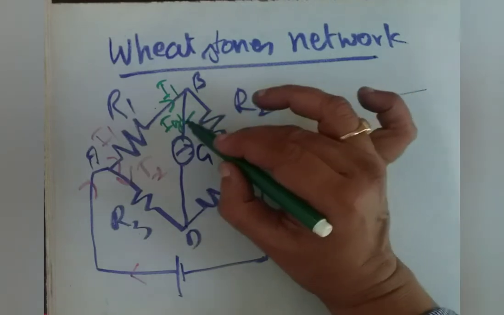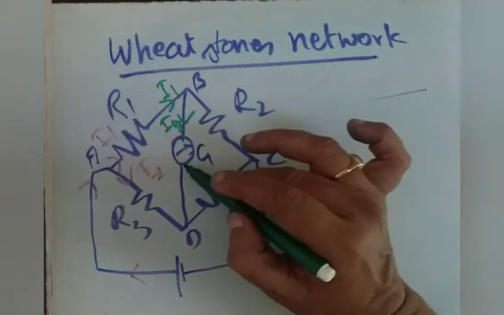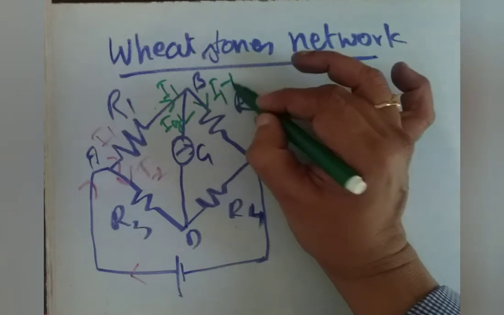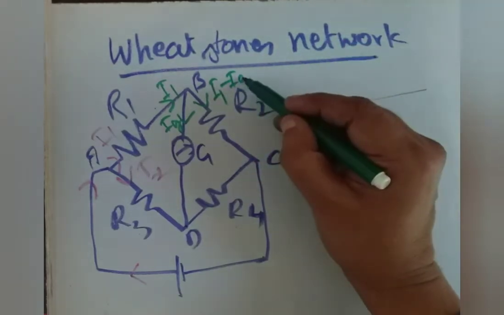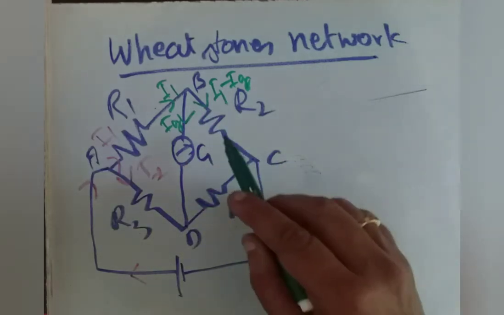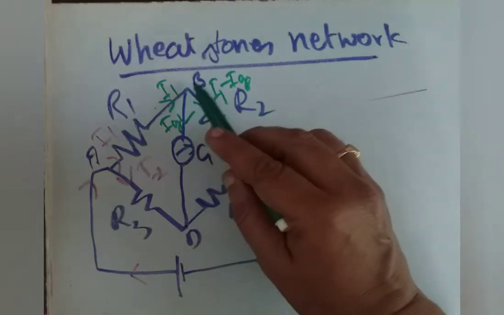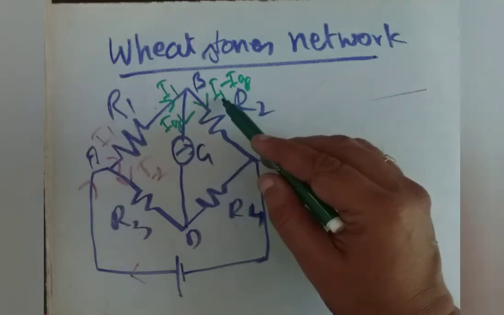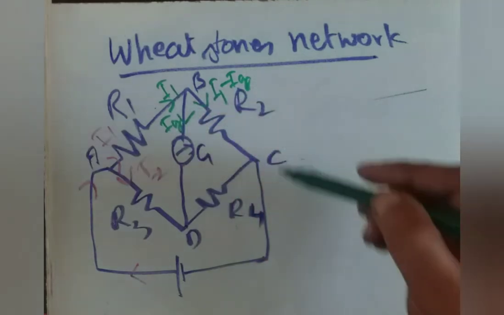Here there are 2 conductors, IG, we call it the galvanometer current, that's why IG, and the remaining thing I1 minus IG, because according to Kirchhoff's current law, the sum of currents entering is equal to the sum of currents leaving. So when I1 entered into B and splits into IG, the remaining current I1 minus IG should pass through R2.